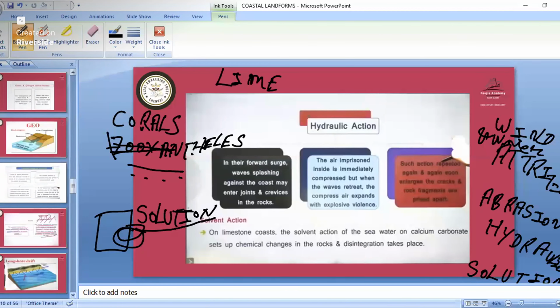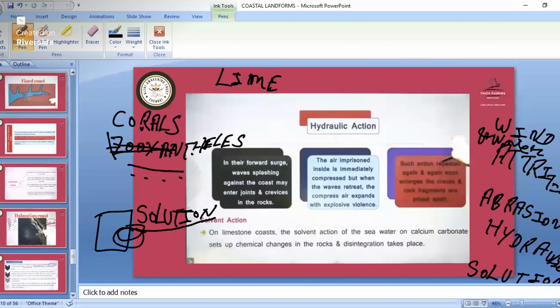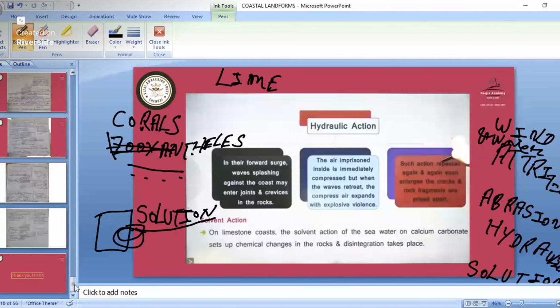See here, first we'll see what are the erosion and deposition landforms made by the coast, made by the flow of water on the coast side.